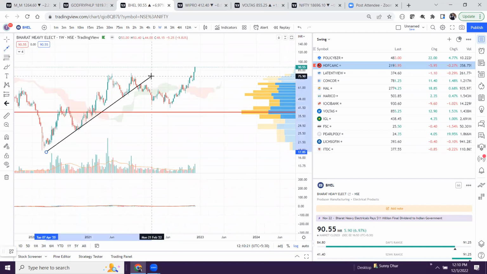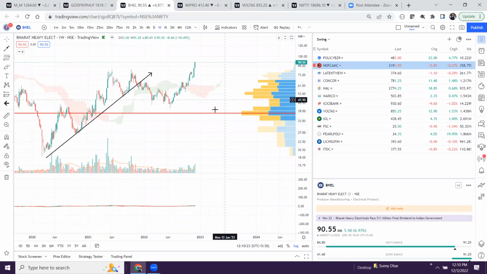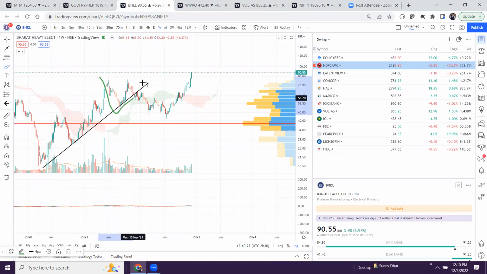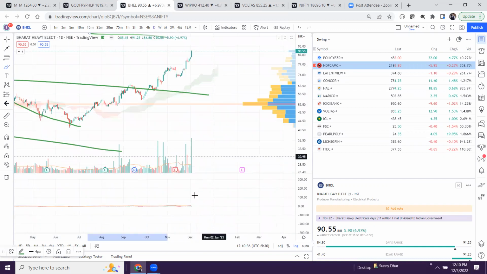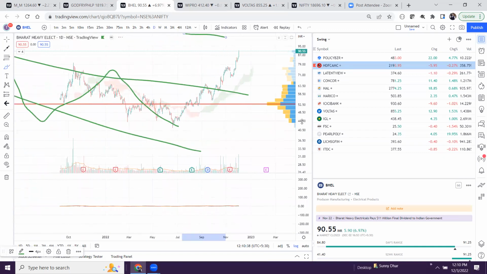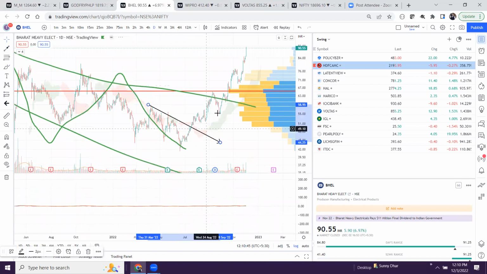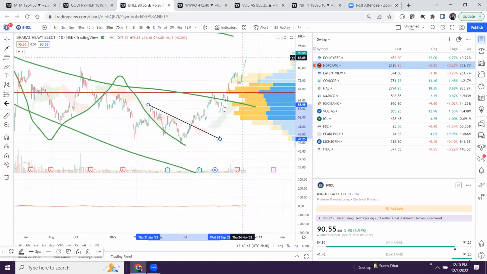So now if you draw this trend line, you can see this is the three wave structure. And once this three wave structure got over, the next fresh impulse started. Now if you dig down to the daily chart, at this moment you can see this was the fresh impulsive move that started.